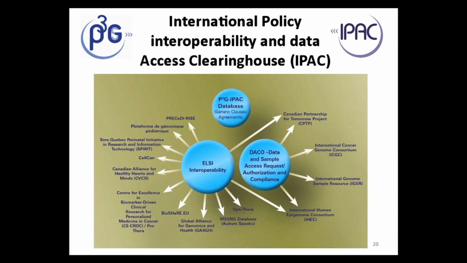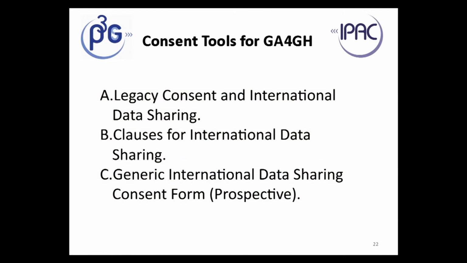But you can see here some of the projects already using the services of this clearinghouse as it supports the Global Alliance in its work. So to date, what have we done so far for the Global Alliance?